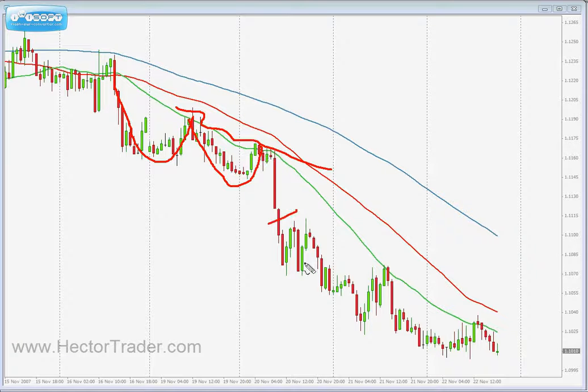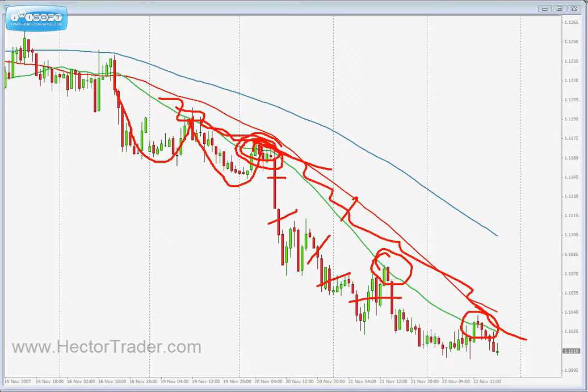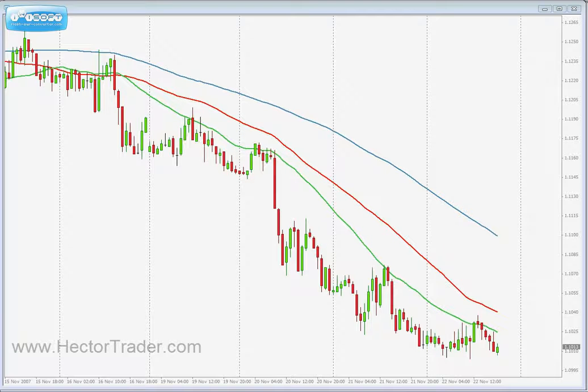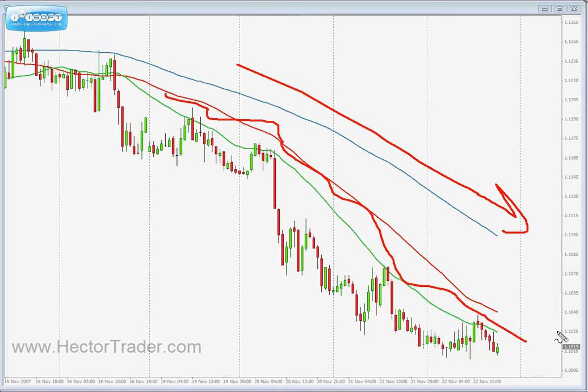You're not entering here or here or here. No, none of that. You're basically waiting for a pullback to the optimum area. Once you get your signal, bang, you enter short. Always wait for the perfect time, the area between the 30 and the 50 simple moving average. So that's two elements in your favor: the trend and the dynamic area of resistance.